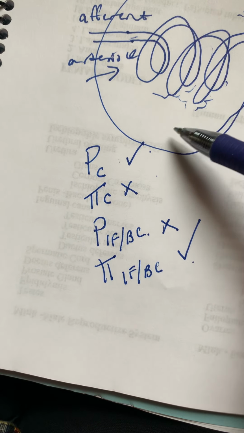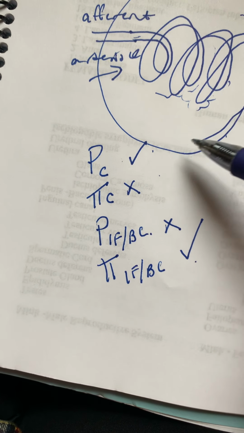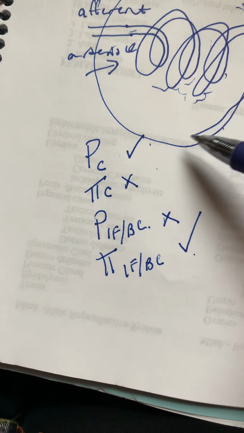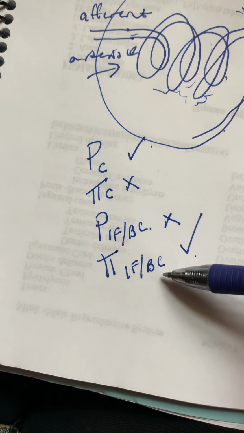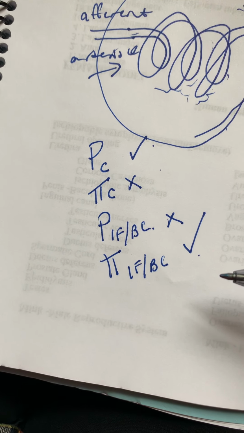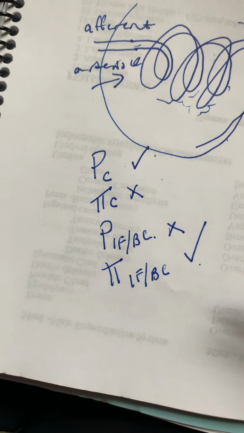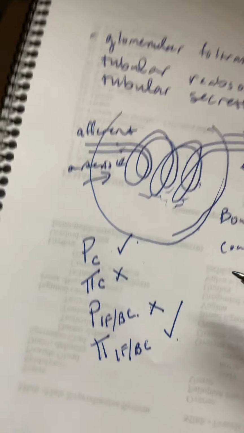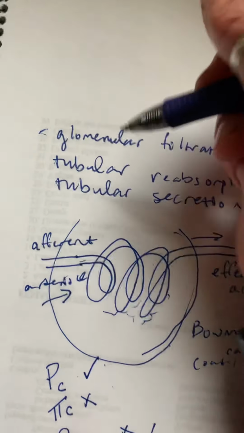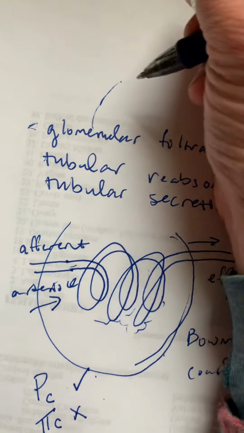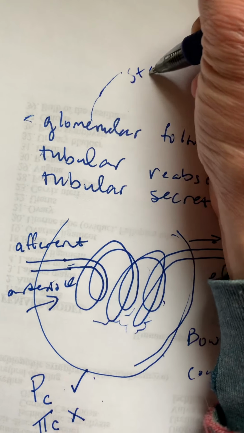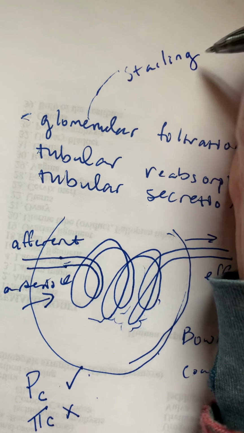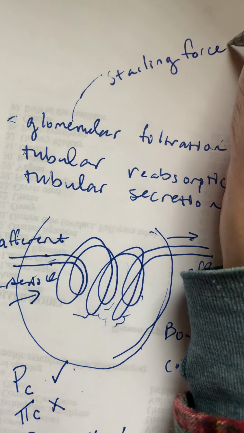If you've got a lot of molecules or white blood cells building up out here, those act like solutes, and that would increase the osmotic pressure of the Bowman's capsule. So those are your four Starling forces that influence glomerular filtration. That's one of the first things you have to understand about glomerular filtration.